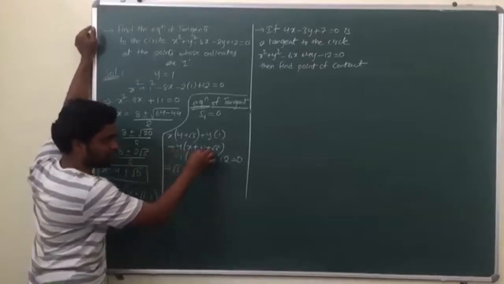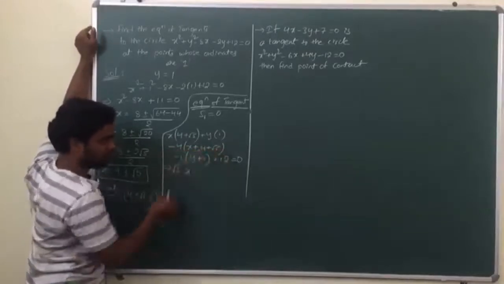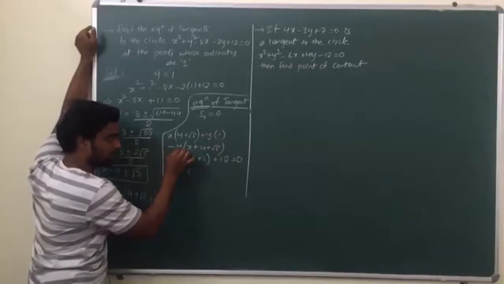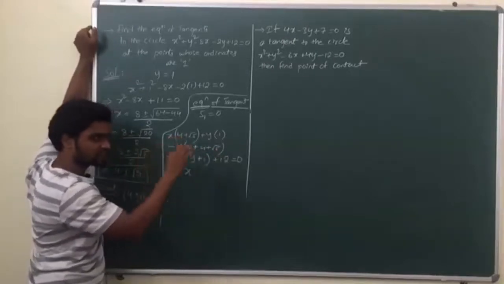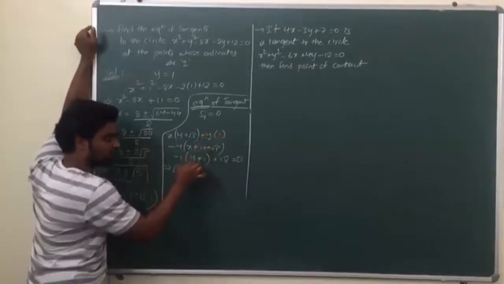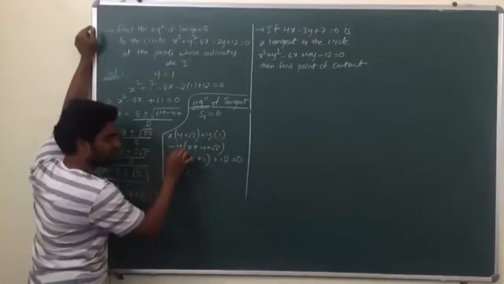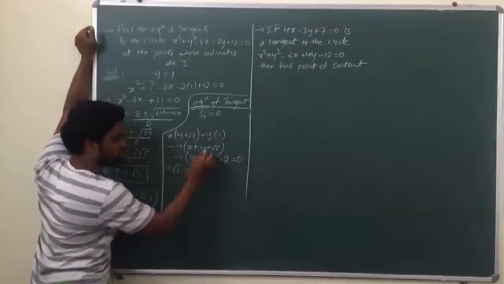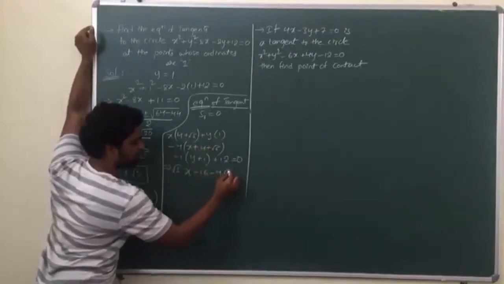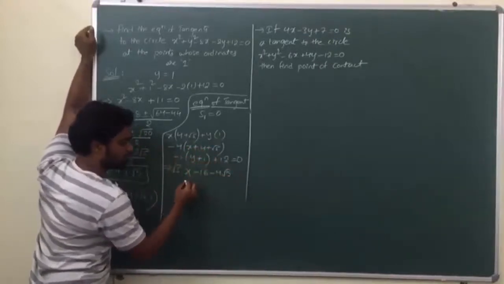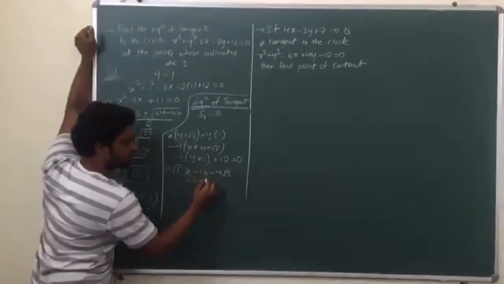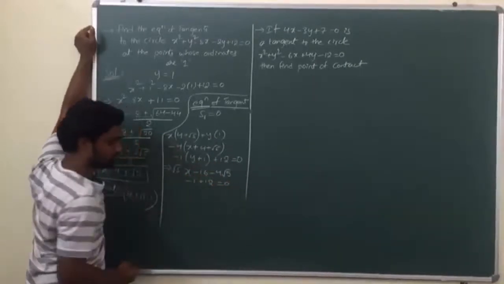Minus 4 into 4, minus 16. Minus 4 into root 5, minus 1 into 1, minus 1, plus 12 is equal to 0.